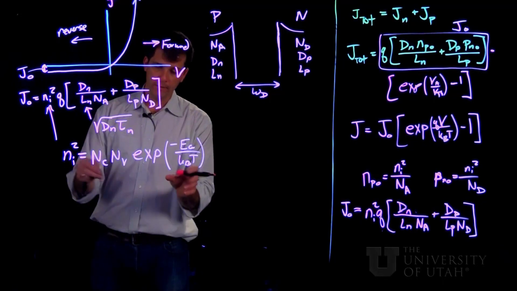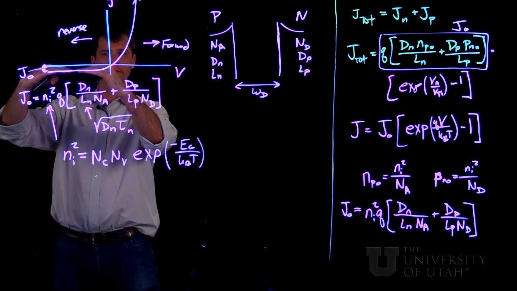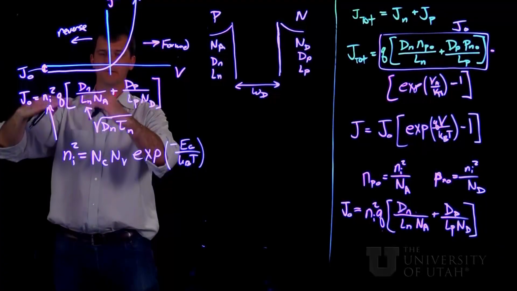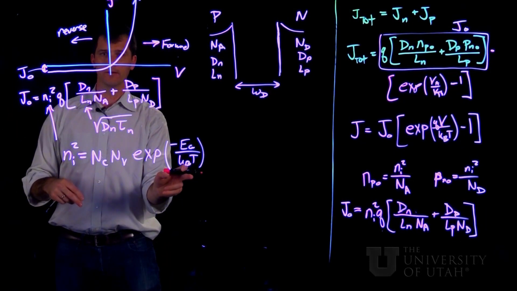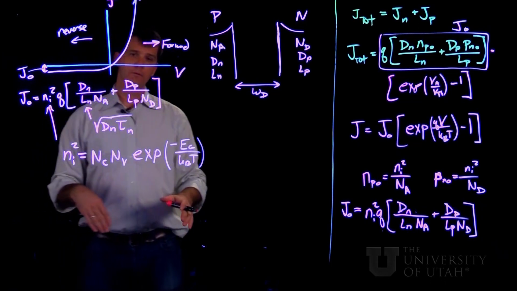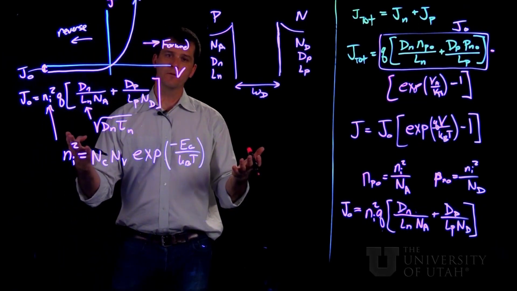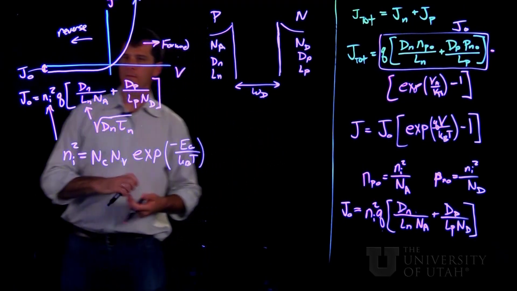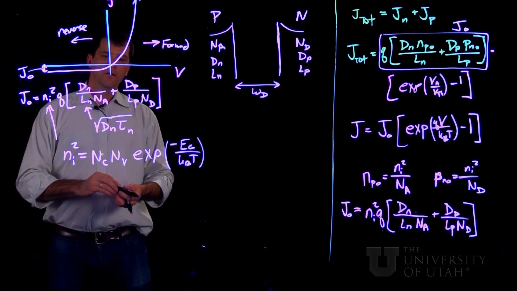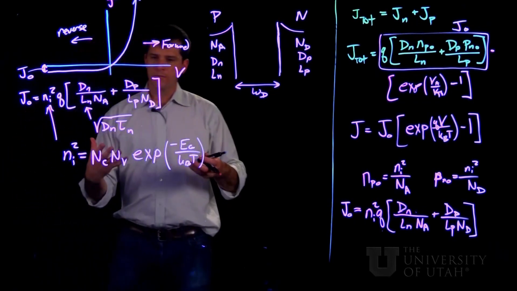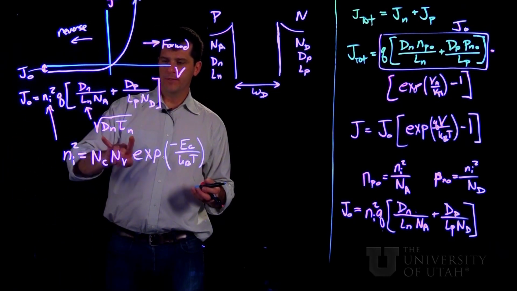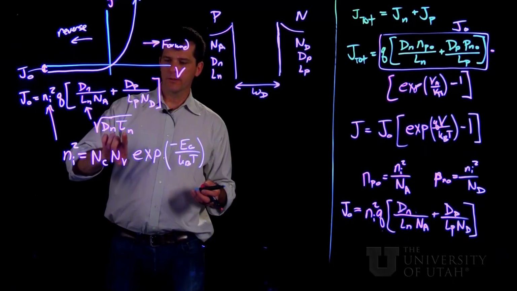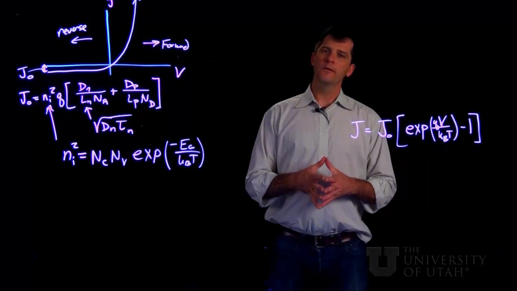And this says that at high temperatures, our leakage current, or our reverse bias saturation current, is going to get larger, larger, larger, exponentially with 1 over temperature. So if you want to make your J0 small, you go to low temperatures. Also, if you want to reduce your J0, you want to make sure that your minority carrier lifetimes are very long.